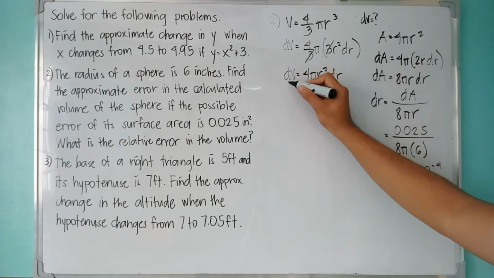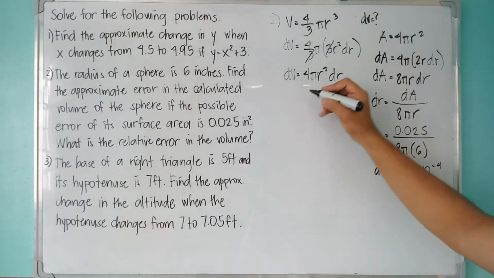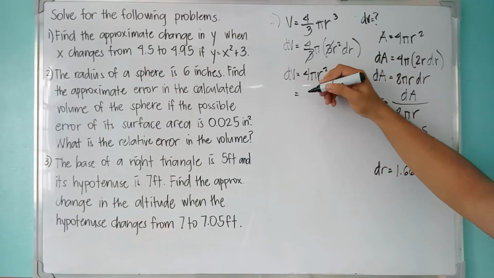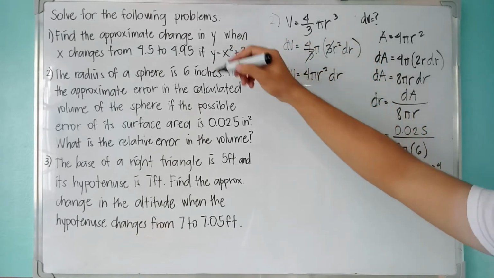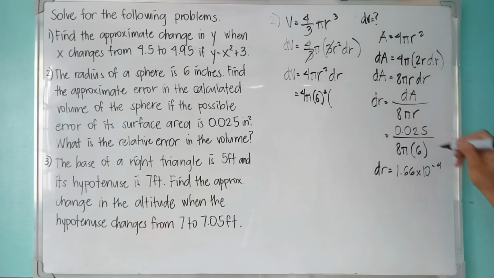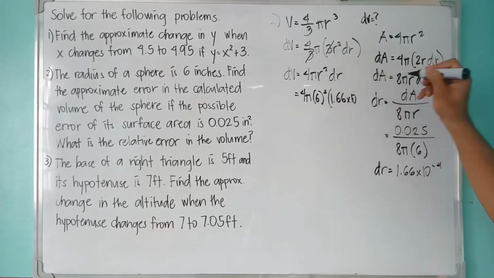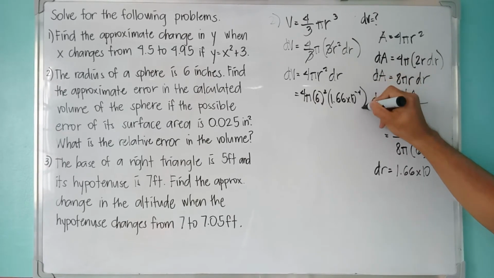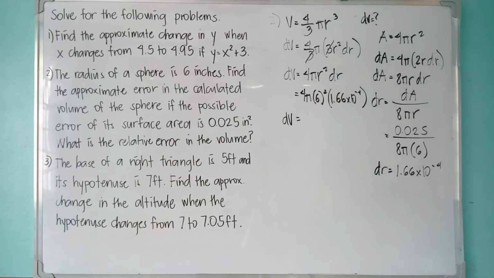So para makuha natin ngayon yung error ng volume, di ba? Approximate error in the calculated volume. Substitute tayo ng values dito. Meron tayong 4 pi times r squared, na yung r natin is 6. So meron tayong 6 squared times dr, na yung dr natin is 1.66 times 10 raised to negative 4. Di ba? So yung dV natin, or yung error in the volume, is equal to, calculator ko na lang ulit, guys.